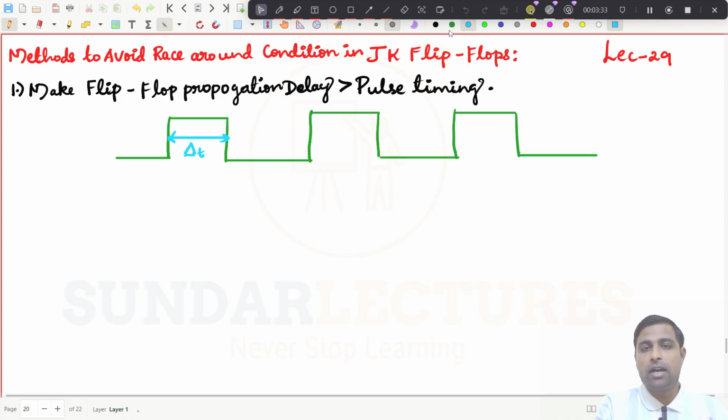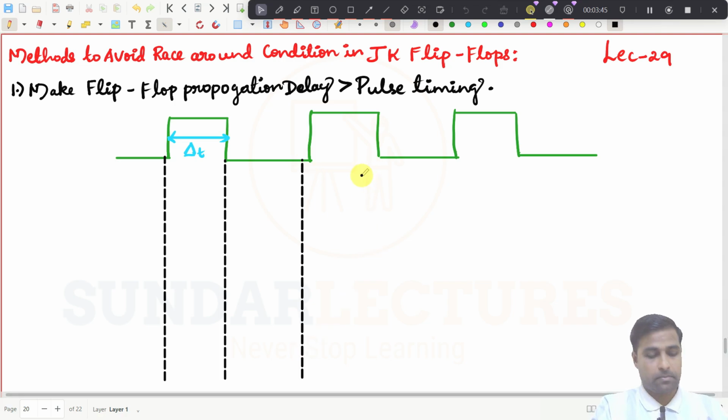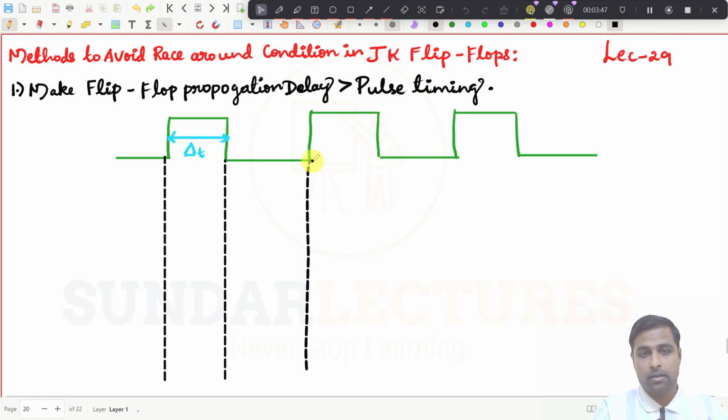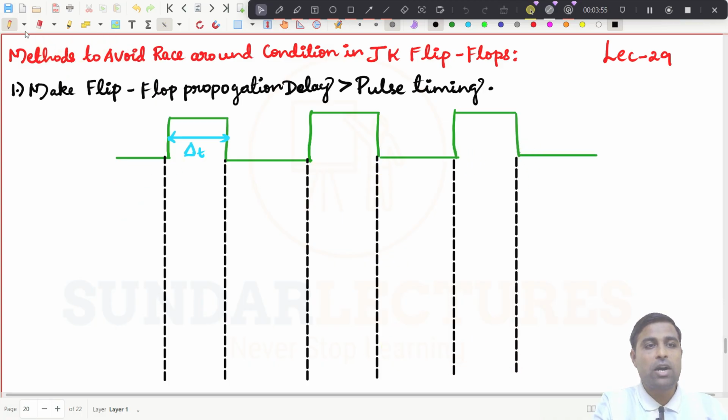For example, to understand it in a nice way, I will take these stages. These are all the clock pulse stages. You assume this to be positive level triggering.